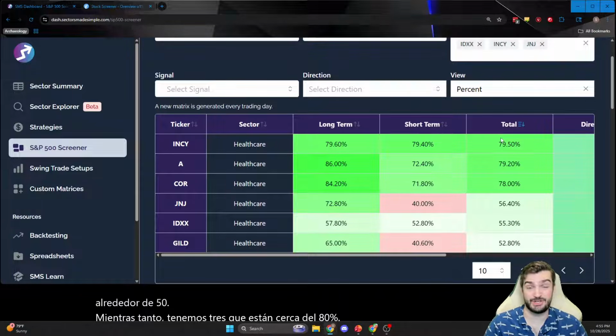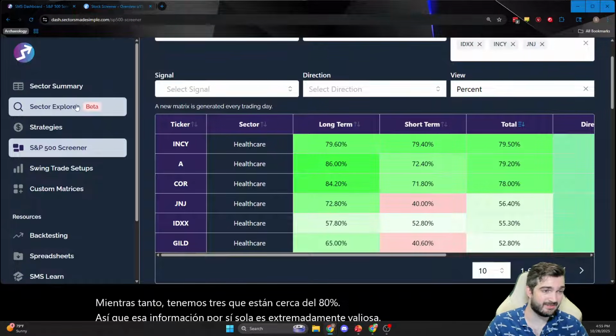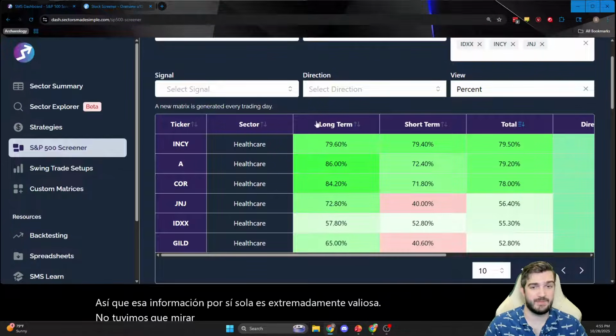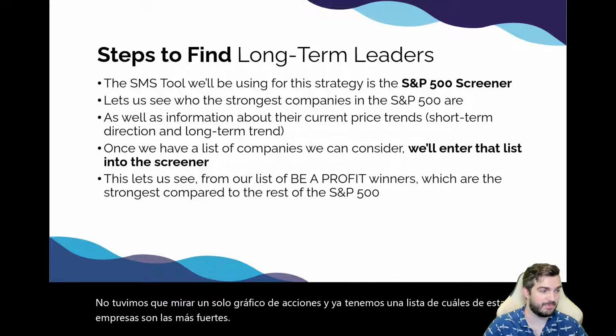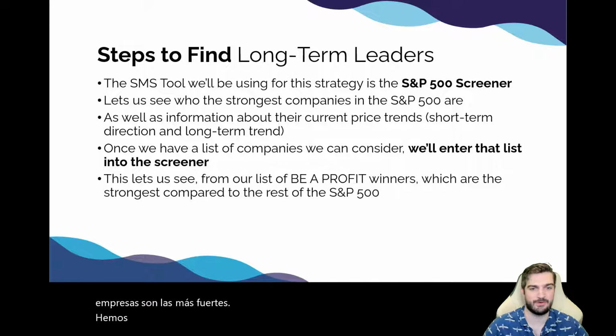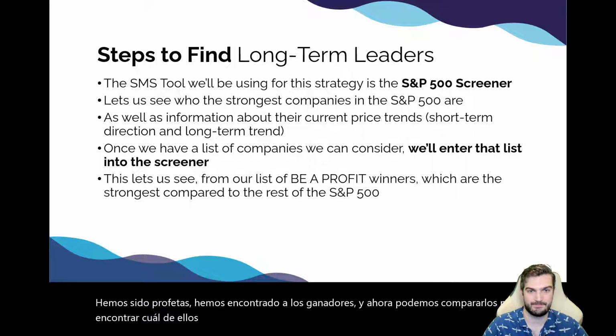So that information alone is extremely valuable. We didn't have to look at a single stock chart, and we already have a list of which of these companies are the strongest. We've done the screening, we've found the winners, and now we can compare them to find which of those is the strongest right now.